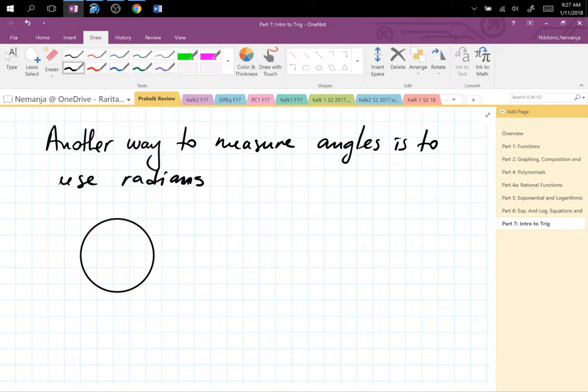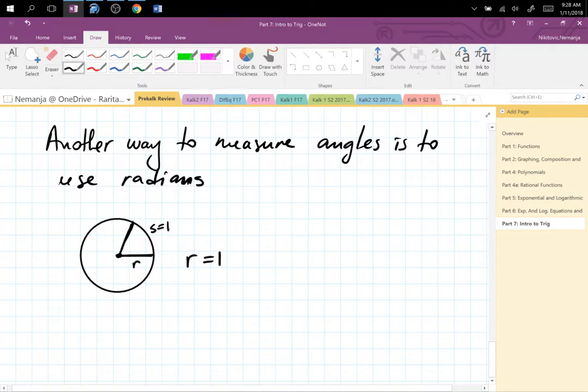So now, what are these radians? You start with a radius of a circle, and you say that the radius is equal to 1. All right? And then you have the perimeter of the circle, which you call the circumference of the circle. And you measure on that circumference length S equals 1.